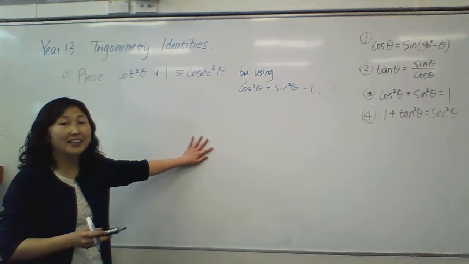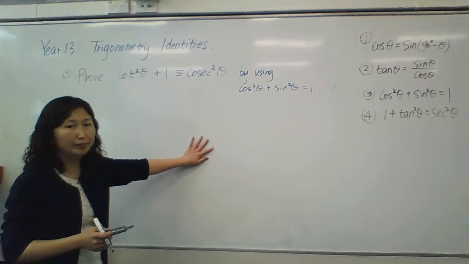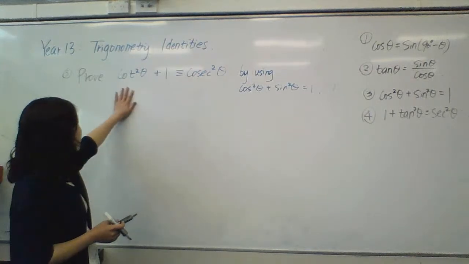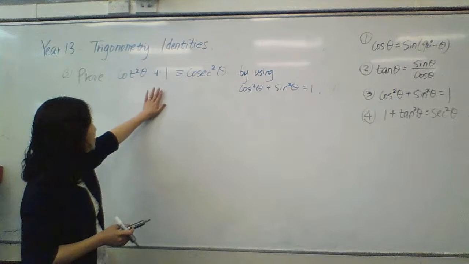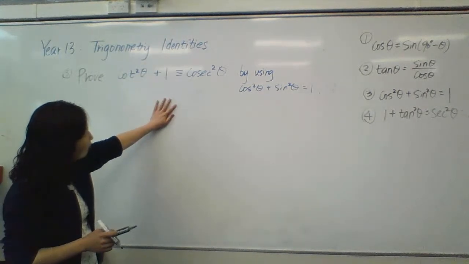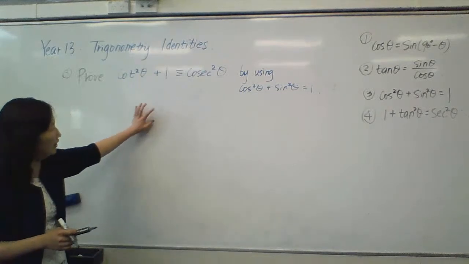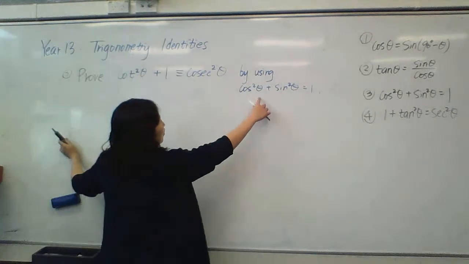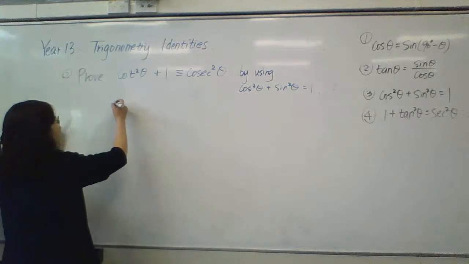Okay, I hope that you had an idea what to do here. So it says cotangent theta squared plus 1 is equivalent to cosecant theta squared. What can I do to this so I can make that conclusion?